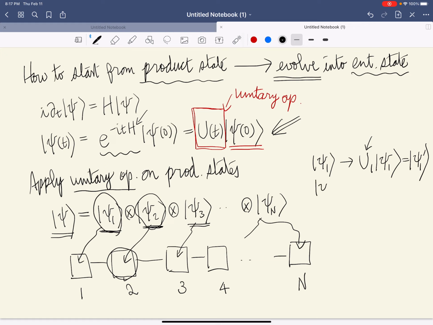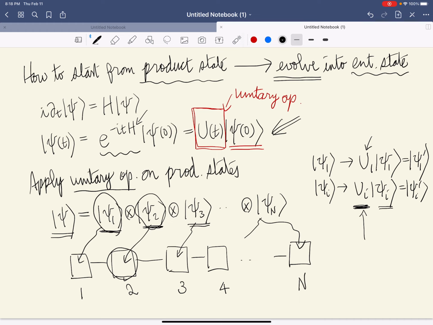And I'm going to do the same thing for each one of these qubits. Okay, so now keep in mind that I don't have to apply the same unitary transformation to all the qubits. I can choose to apply quite distinct unitary operations on each qubit. And then let's ask how this overall wave function would evolve after such an evolution.